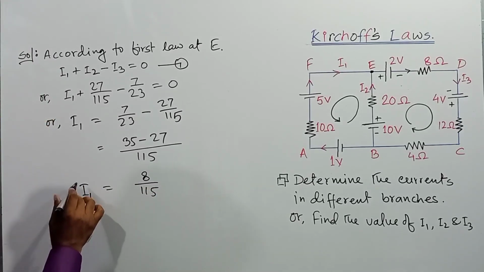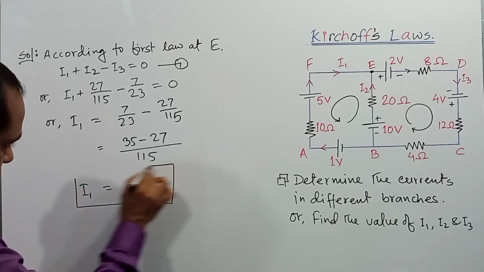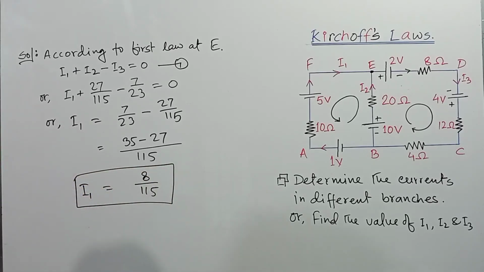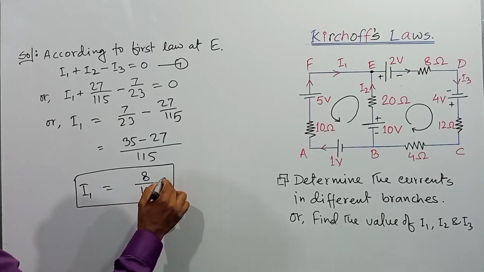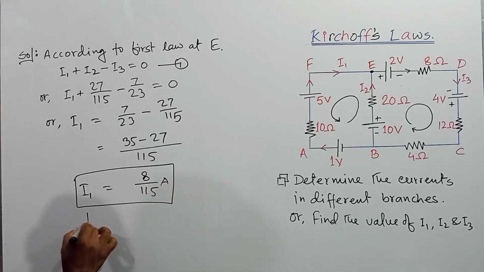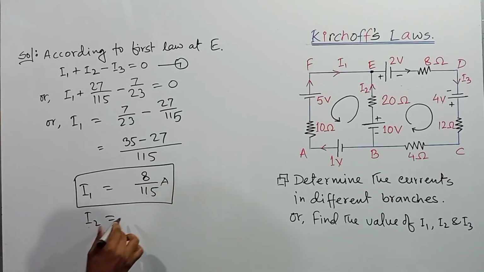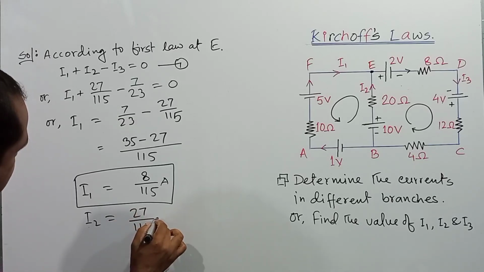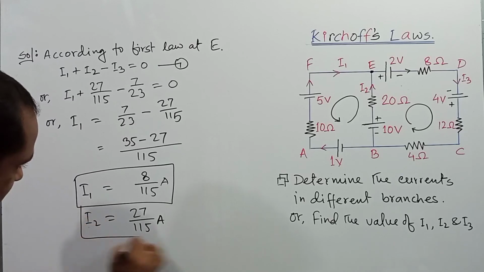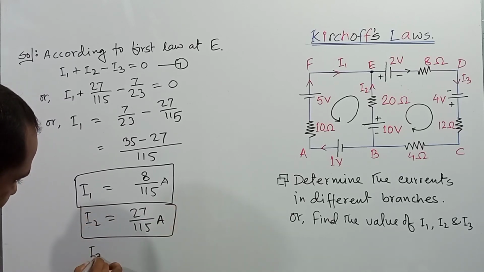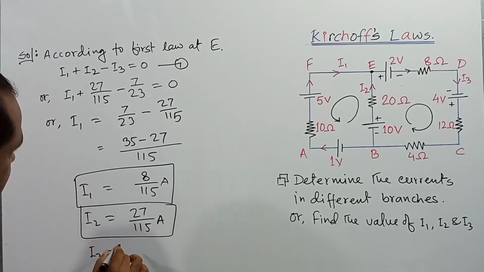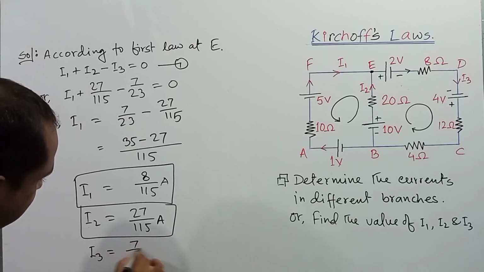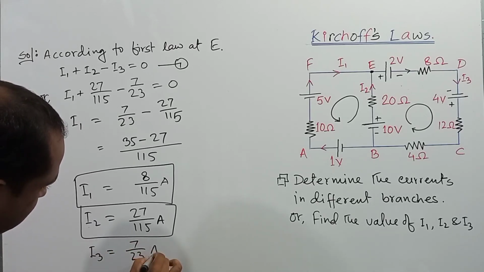So dear student, I hope you got it. The value of I1 is 8 by 115 ampere. The value of I2 you have already obtained, 27 by 115 ampere, and the value of I3 that we got first is 7 divided by 23 ampere.